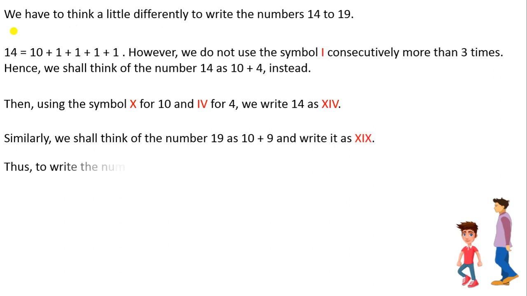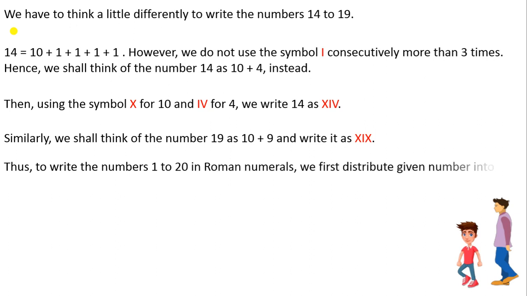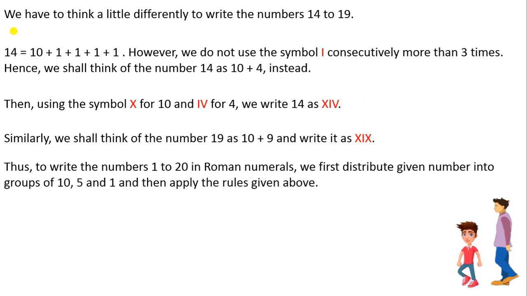Thus, to write the numbers 1 to 20 in Roman numerals, we first distribute the given number into groups of 10, 5 and 1, and then apply the rules given above. So I am explaining one example here. If I give number 12, then 12 will be distributed as 10 plus 1 plus 1, and we can write the number 12 as XII in Roman numerals.